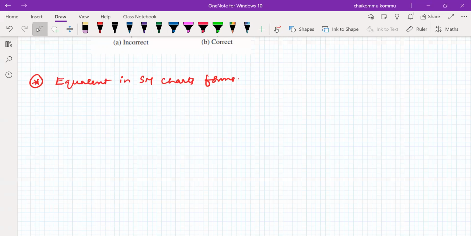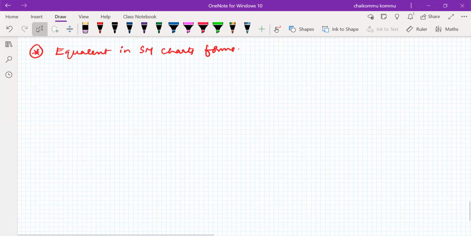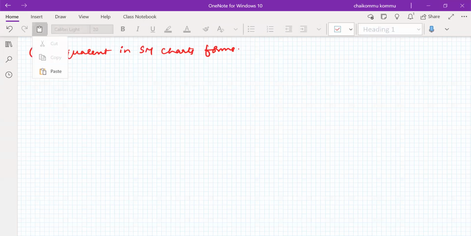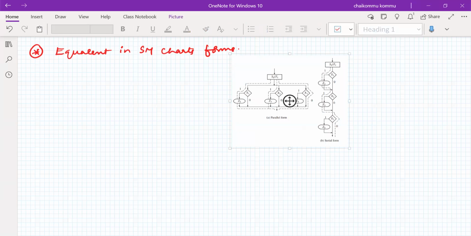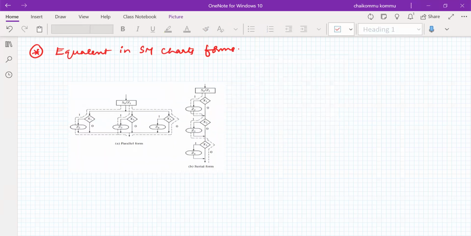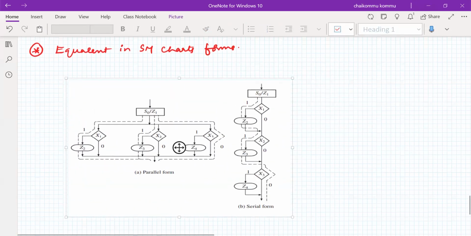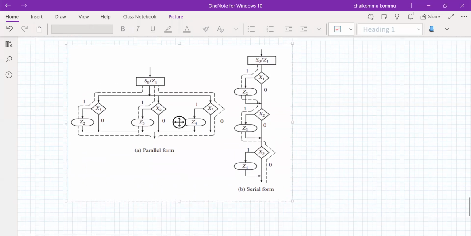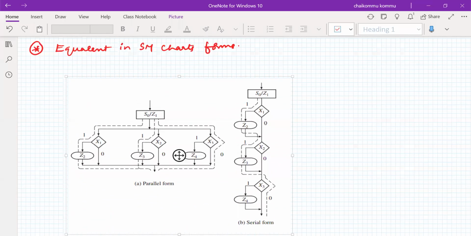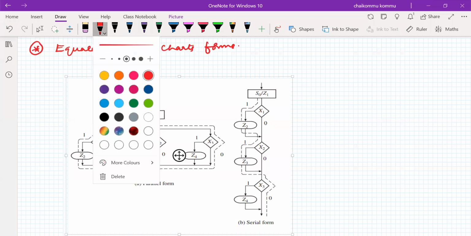Okay, so just diagrammatically I want to show what is the meaning of that. Copy and paste here. So normally this is treated as a serial and parallel form. You can observe carefully, this diagram is self-explanatory.